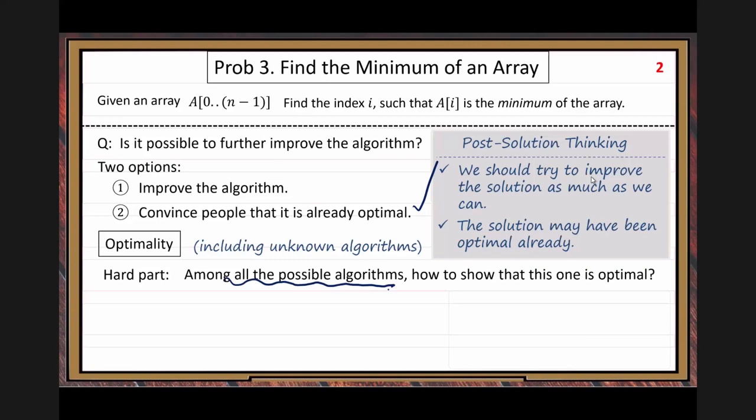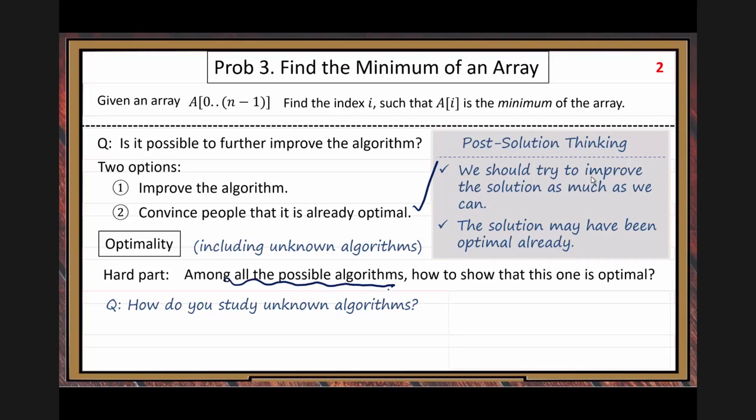But when you want to address this optimality point, you need to cover those unknown algorithms. Otherwise, how can you claim that your algorithm is optimal? Is it possible to cover unknown algorithms? Think about how hard it is.